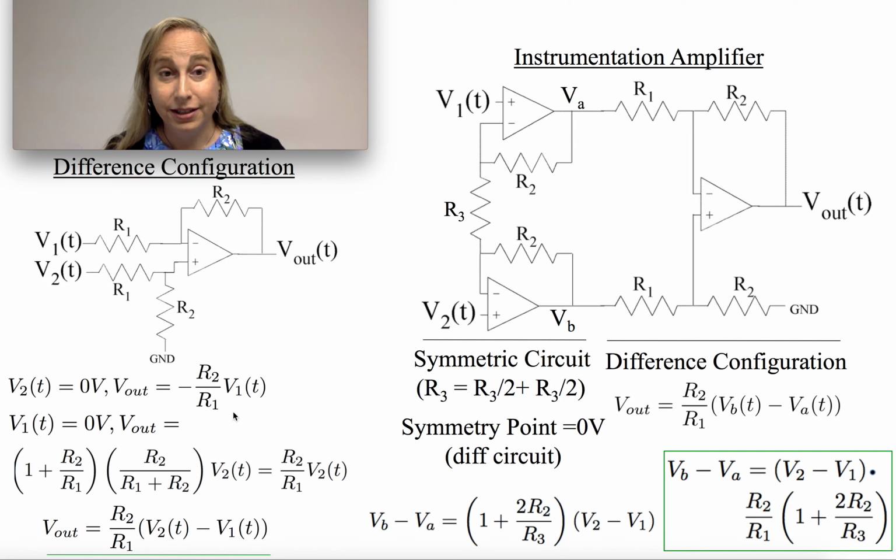And remember, I can do superposition by turning one voltage off and measuring, then turning that voltage off and putting the other one in and measuring, and then just adding them up, because again, it is linear. So the net result is just add the two, and I get the output is R2 over R1 times the difference of those two, V2 minus V1.